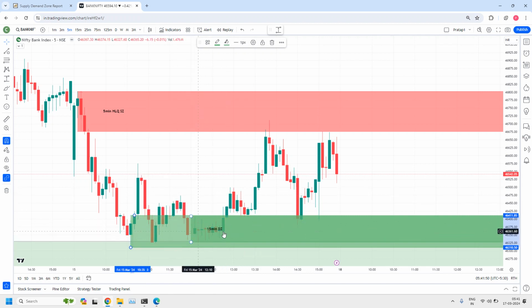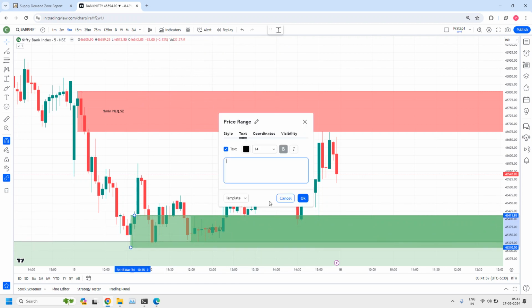Inside this 5 minutes, 15 minutes demand zone is created. The orders of 15 minutes are part of this. That means both 15 minutes and 5 minutes are overlapped with each other. This is 5 minutes high liquidity demand zone.